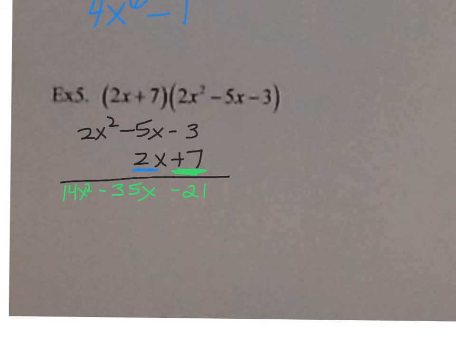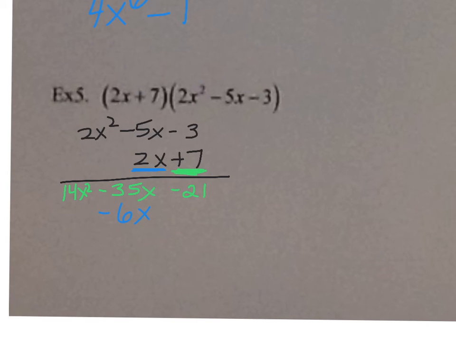So now we're here, working with 2x. So we're going to do 2x times negative 3. So that's negative 6x, and I'm going to put that right below the negative 35x, because they're like terms. It won't always happen. I mean, if you have some crazy polynomials, sometimes you don't have any like terms to match up.